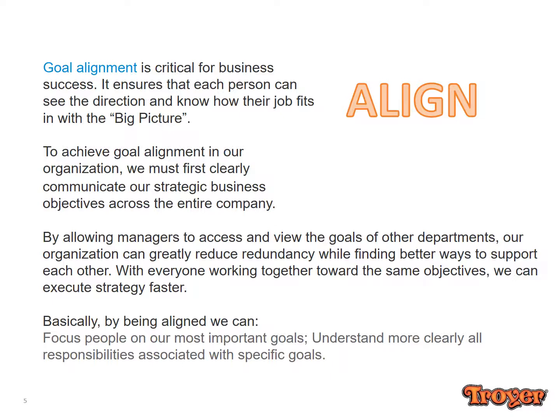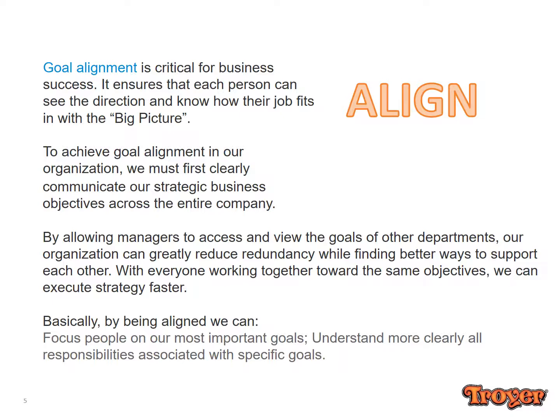If we are all rowing in different directions, where do you think we'll end up? The answer is right where we started. Alignment gets us all rowing in the same direction. And if we row together, we'll be unstoppable. So think in terms of making sure that the goals are aligned. That way we can better focus.